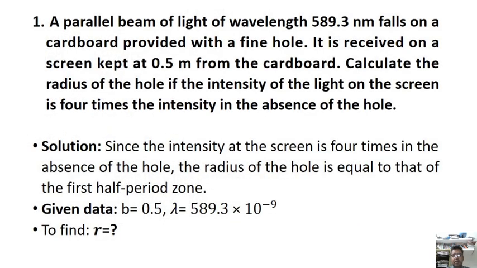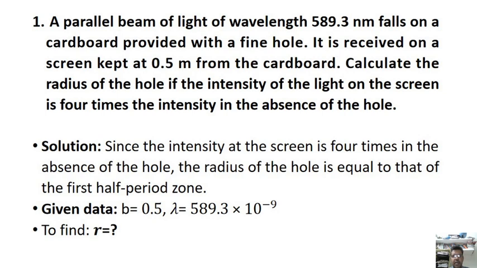First, we have to understand the problem. If we understand the problem, we can get an idea about what formula we require. Then we first write the given data.